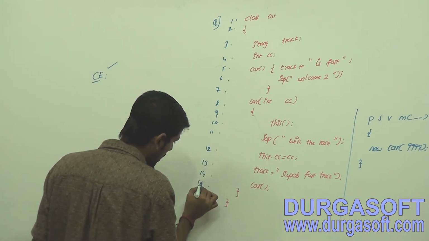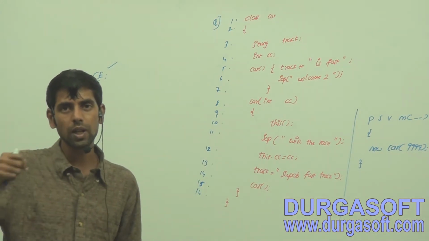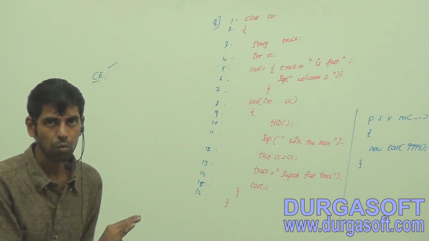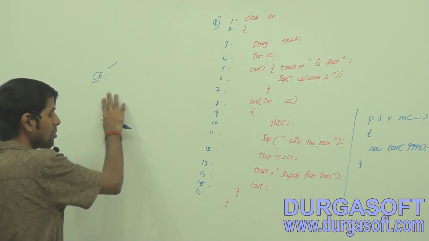Please try to recap all the concepts of our constructor, so that you are comfortable in this problem analysis. Now observe here, I have said that we are having the compile time error.